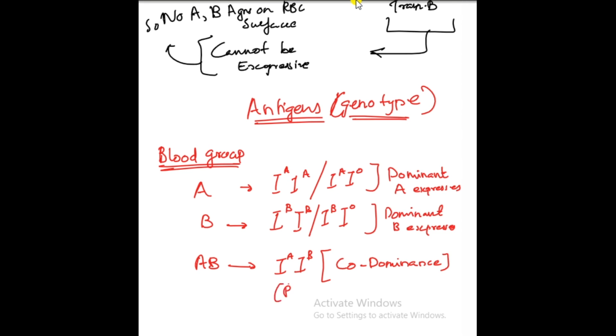And O has IO IO, and no A and B antigen expression. For O, there is no expression of A and B antigens.